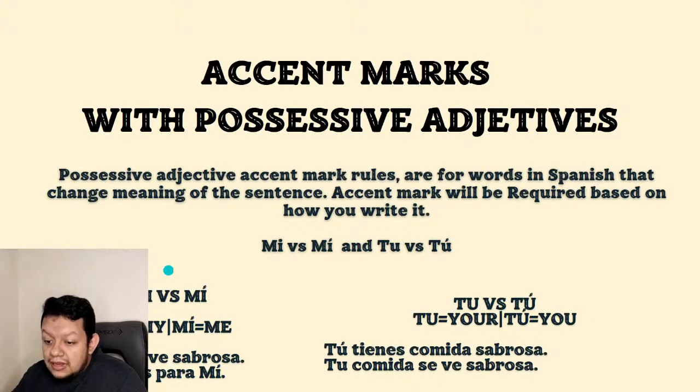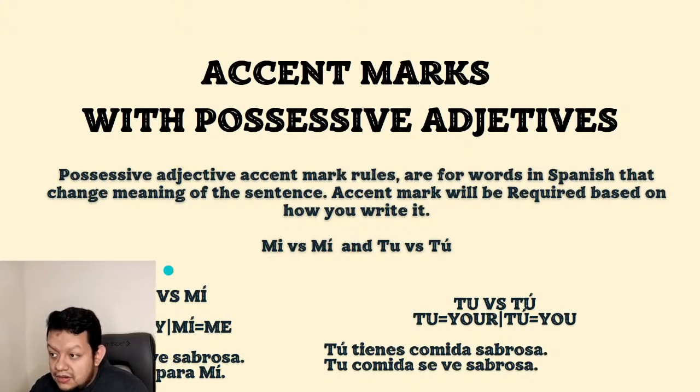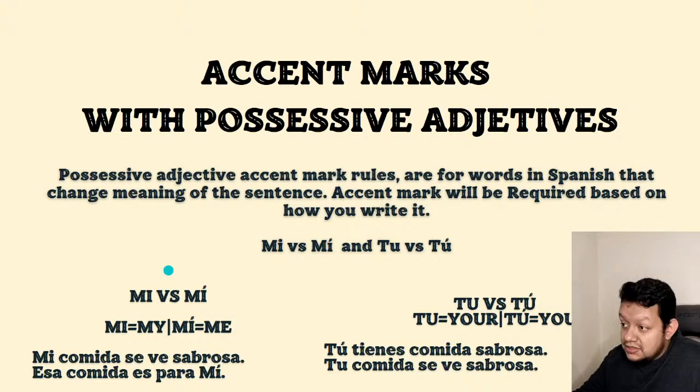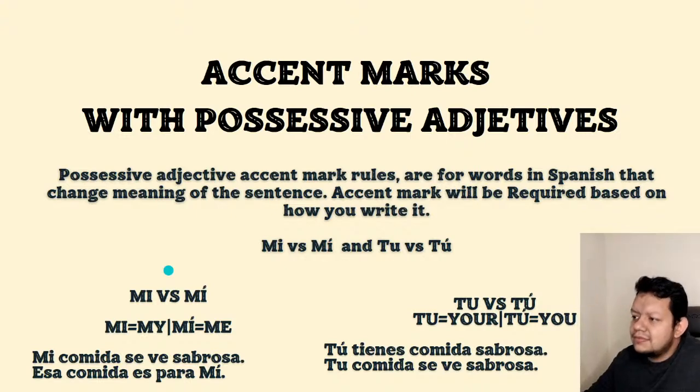Now, the last part of the accent mark, and I might have to get myself. There we go. I made it here. All right. So the last subject that we have for accent marks is possessive adjectives.